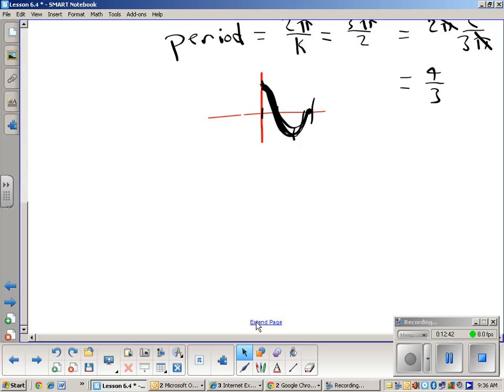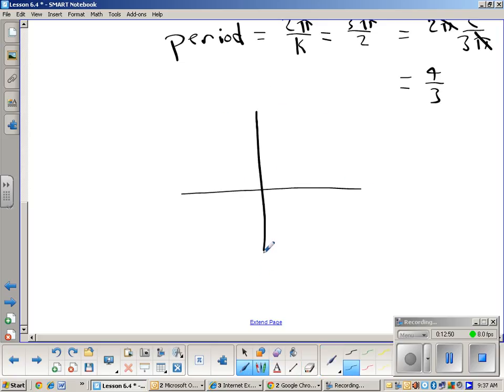We did all that for nothing. My sine graph looks like this. Okay? Starts at 0, goes to 1, goes to 0, goes to -1, goes to 0 again. And so now I'm going to make my scale match.